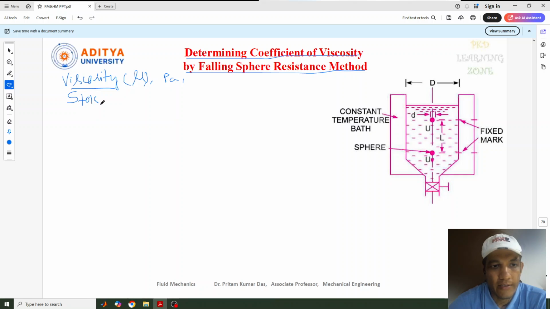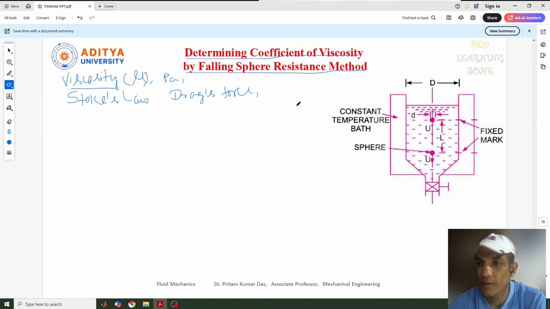According to this law, the concept is based on the drag force, and this drag force is nothing but the force on a small sphere which is moving with a constant velocity v through a viscous fluid.